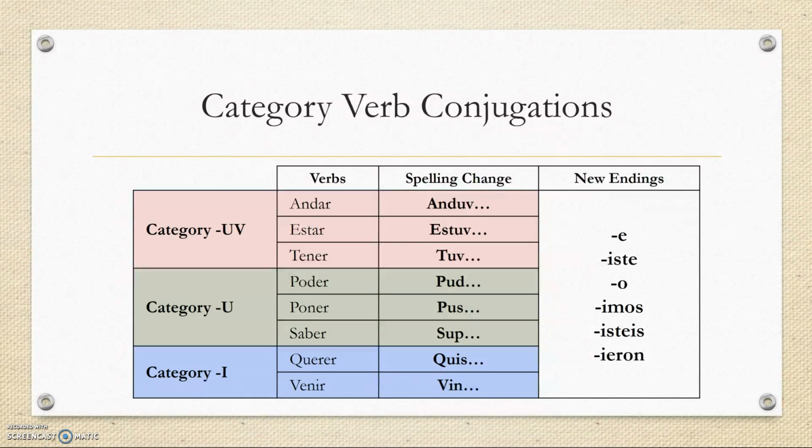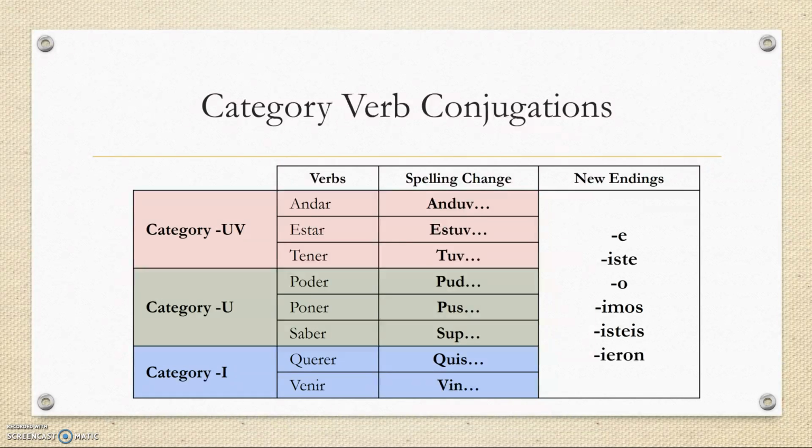So the first category we're going to talk about is category UV. And these verbs are andar, estar, tener. All of these verbs follow the UV category because they have a UV in the spelling change of the verb itself. Andar becomes anduv, estar, estuv, and tener, tuv. Now, we have a new set of endings that we have to remember, and these endings do not have any accent marks.